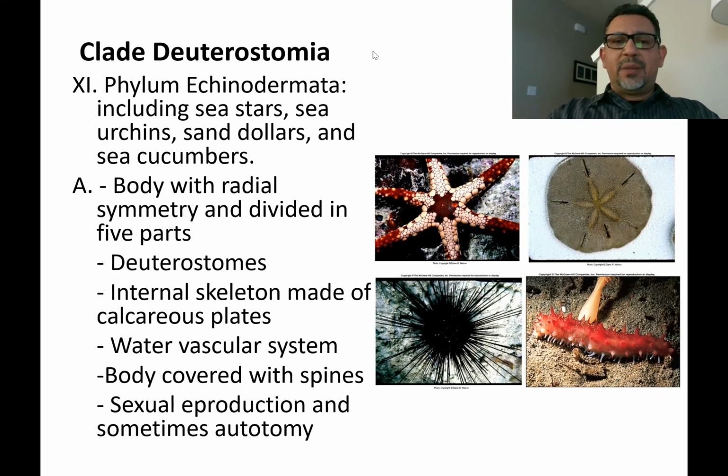An example is this sea star you see right here. The bumps you see on the arms are actual spines, but they are rather short, dull, and blunt, compared to the spines you see in this sea urchin, which are long and sharp. Things are going to be very different.